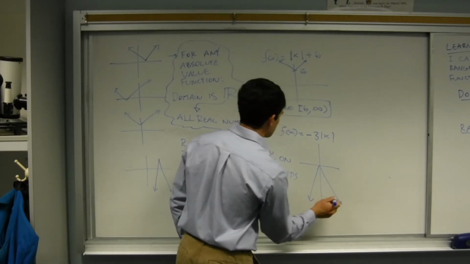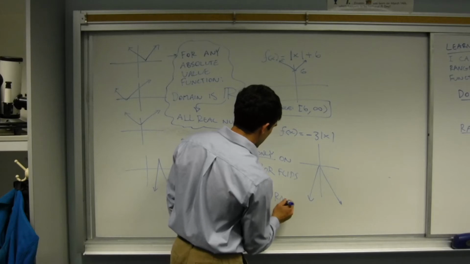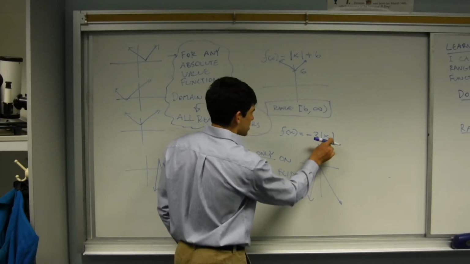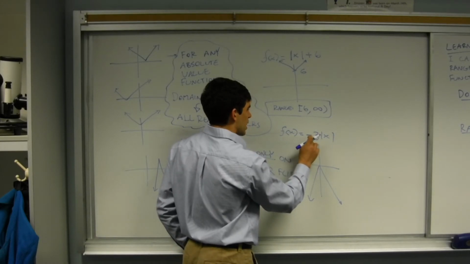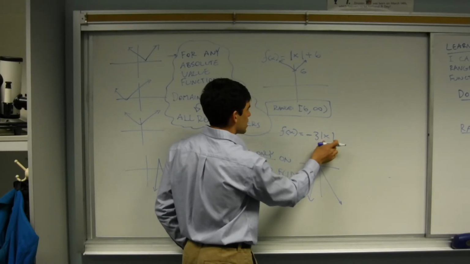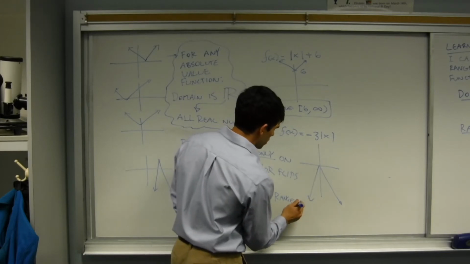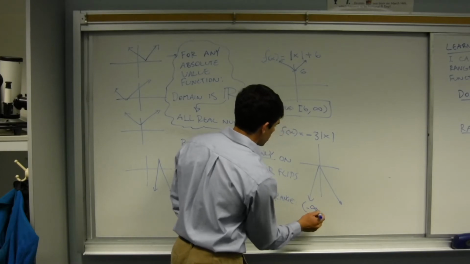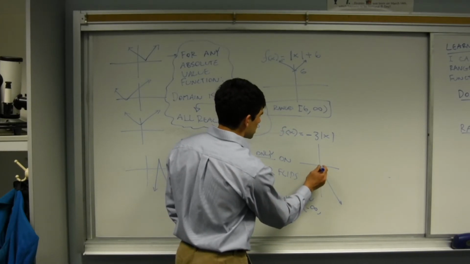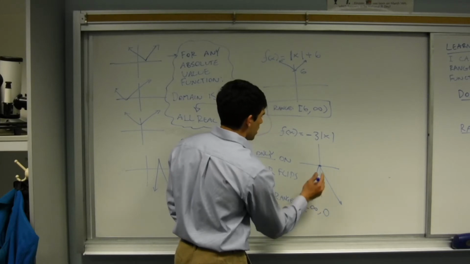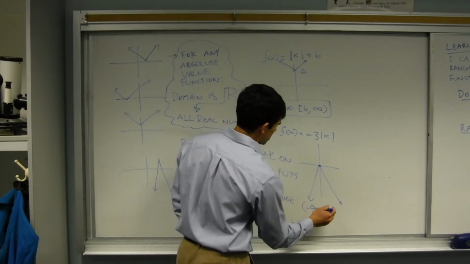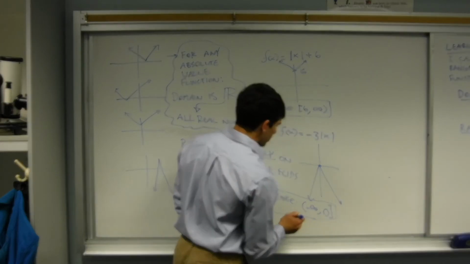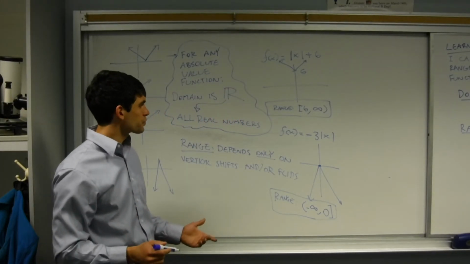So now, our lowest possible value, it could be as small as we want, because if we make x really, really big, we're going to have a negative 3 times a really big positive number, which could be anything down to negative infinity. And our highest possible number is going to be 0. And again, since our answer includes 0, we'll make a bracket here. So that is the range of that function.